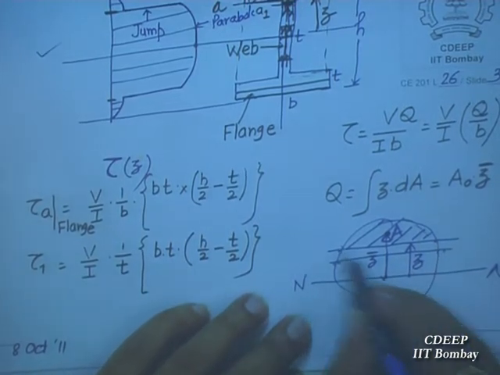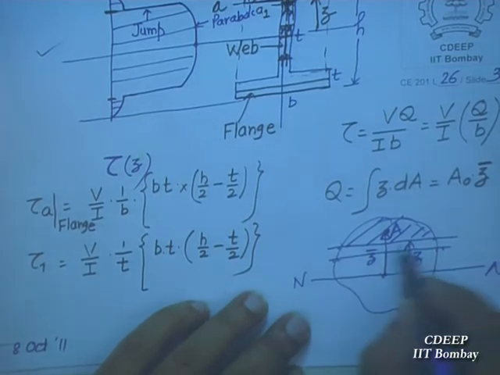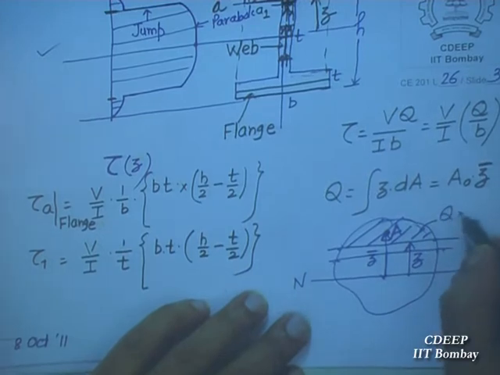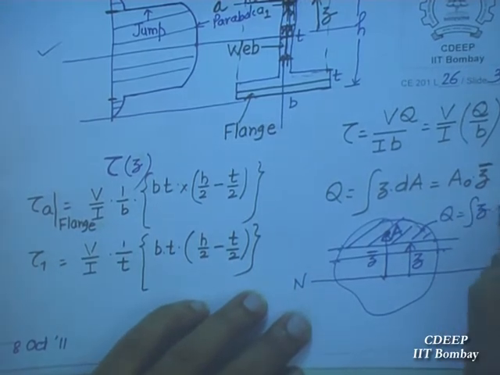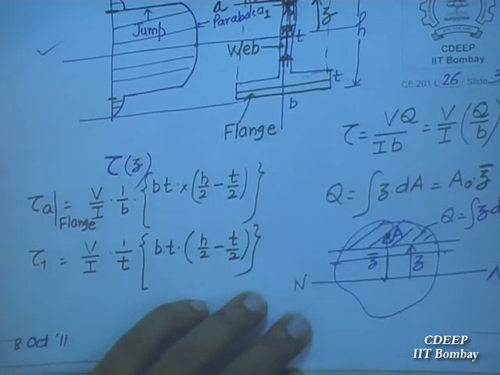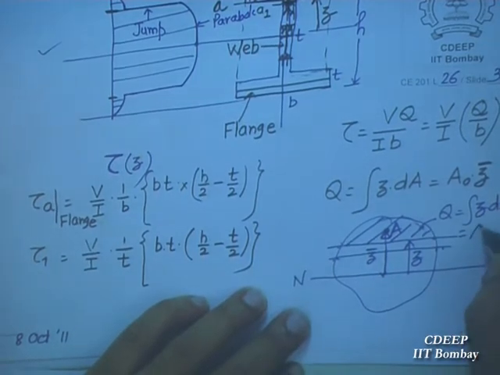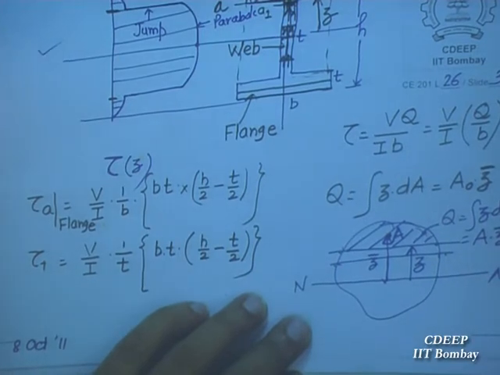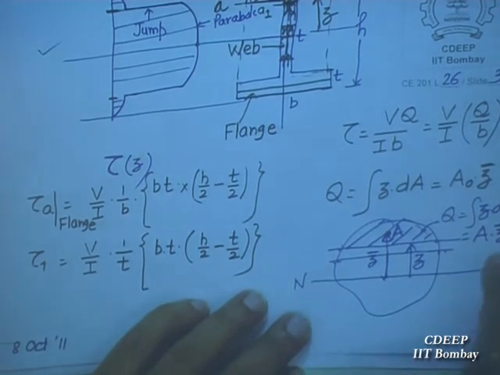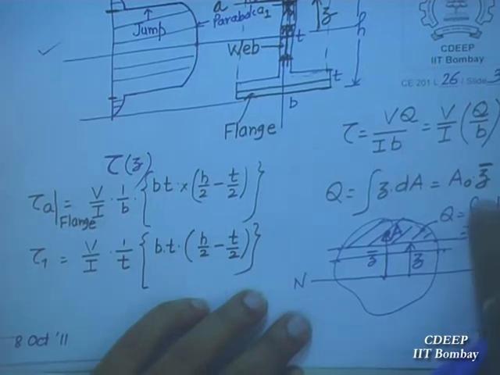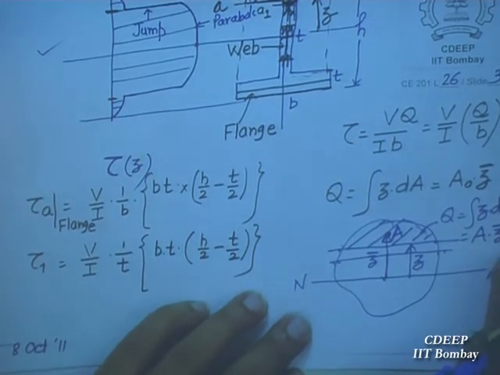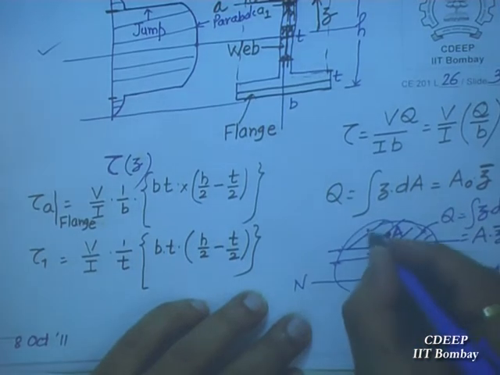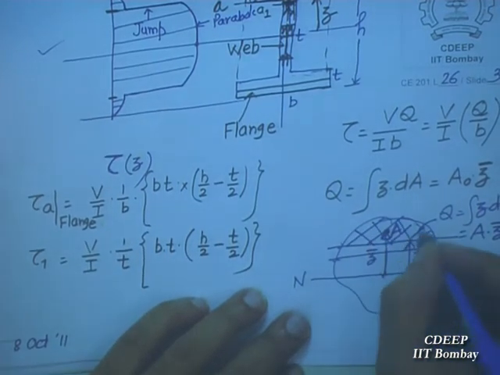The area which is above Z is Q. Q is the integral of ZdA, which is equal to total area multiplied by Z bar. How do you get the center of gravity? Center of gravity is ZdA divided by total area. So that can also be written as A multiplied by Z bar, where A is this hatched area.